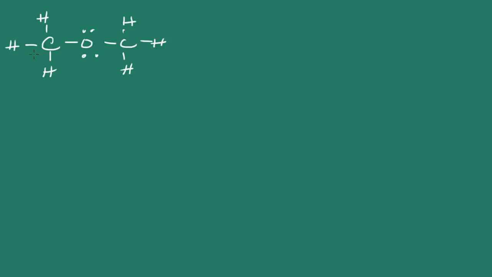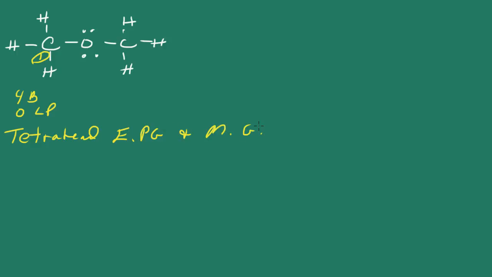Okay. So let's take a look here at the carbon number 1 here. And we see there's 4 bonds, 0 lone pairs, and of course 4 charge clouds, if you will. So this has got both a tetrahedral electron pair geometry and molecular geometry.